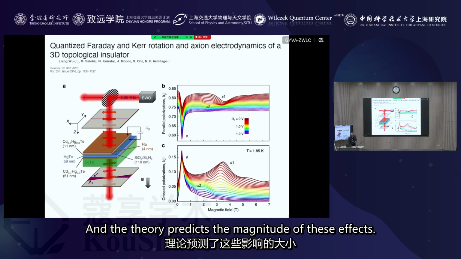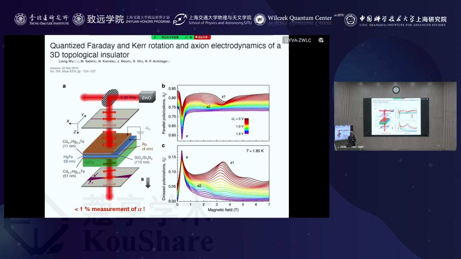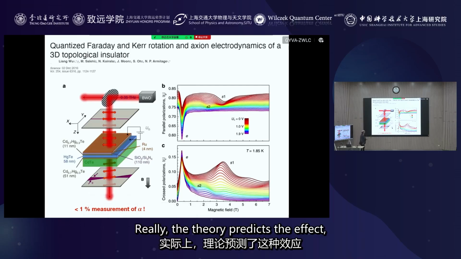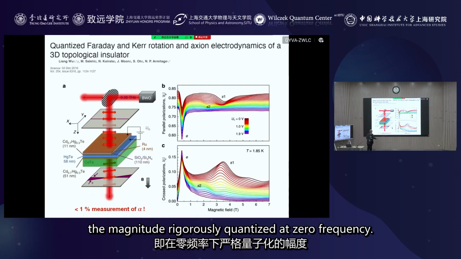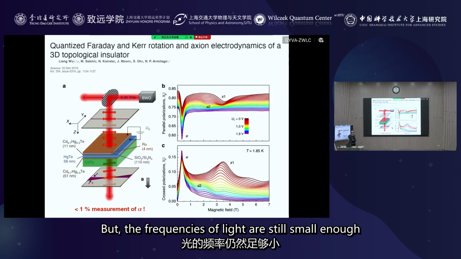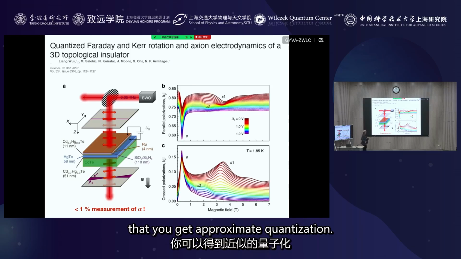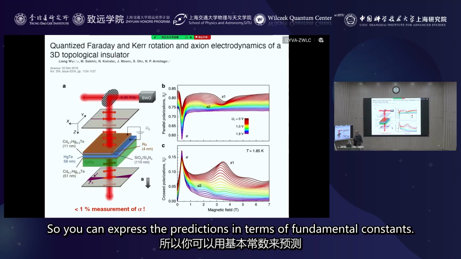And the theory predicts the magnitude of these effects. Really, the theory predicts the magnitude rigorously quantized at zero frequency, but the frequencies of light are still small enough that you get approximate quantization. So you can express the predictions in terms of fundamental constants.